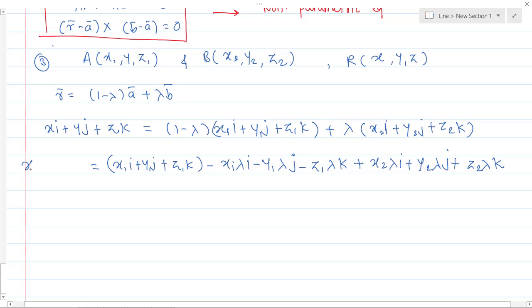This is equals to xi plus yj plus zk. Now these two vectors are same, so we can easily compare their ijk coefficients.